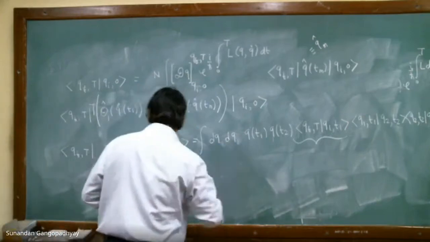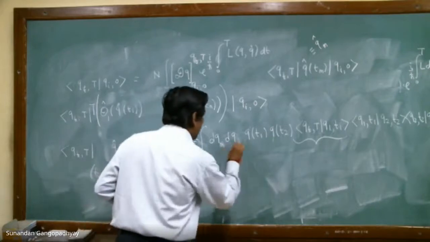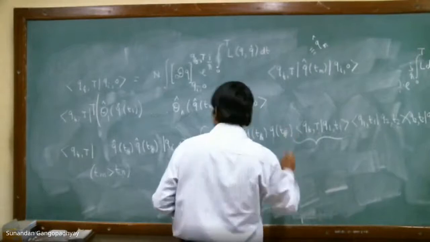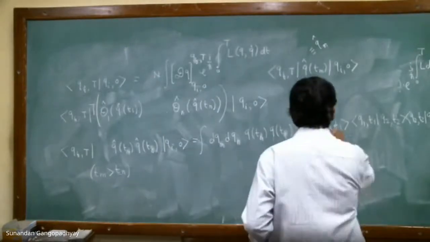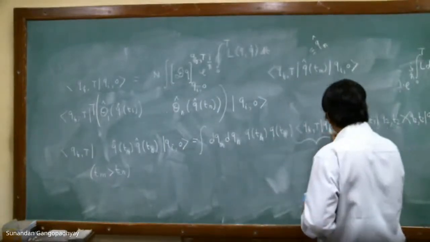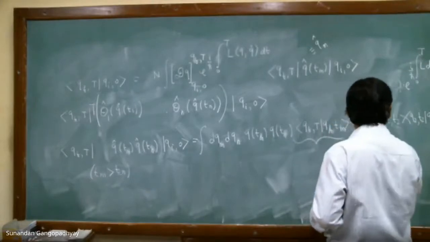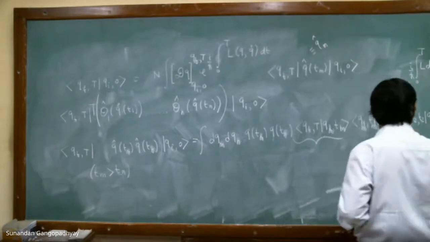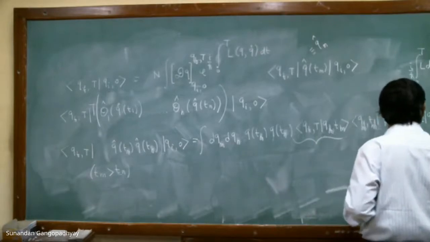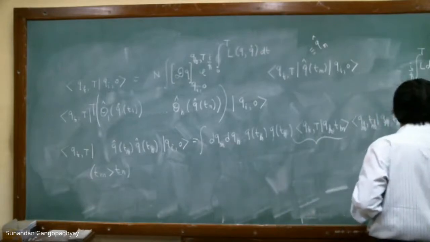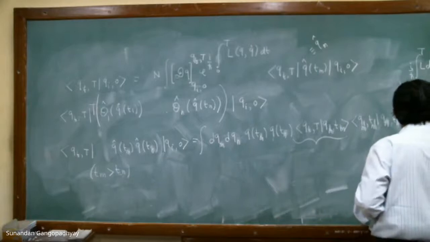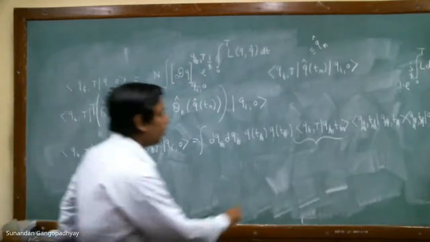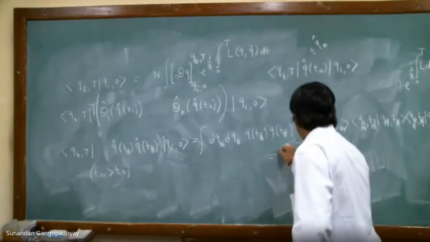This will become dq_n and dq_m. And since Tn is greater than Tm, so this will be on the left. So this will be q_n, T_n, q_m, T_m. Now you can see that you can write this down in a very nice way.